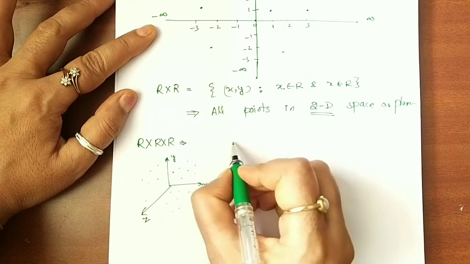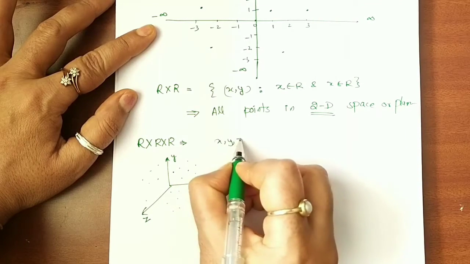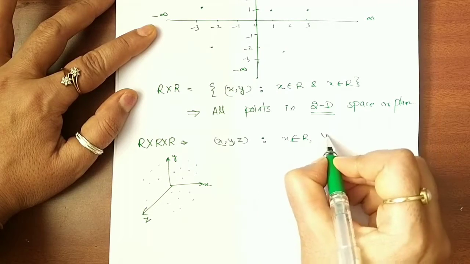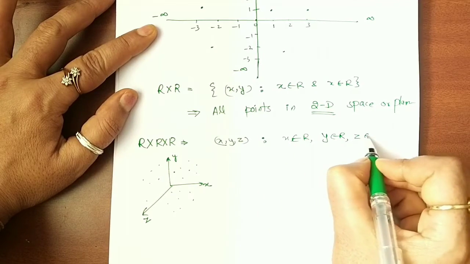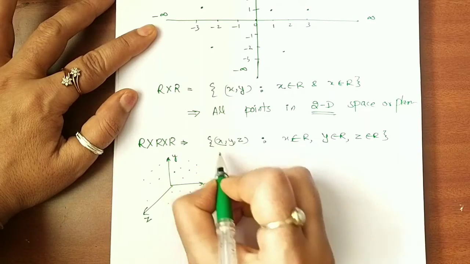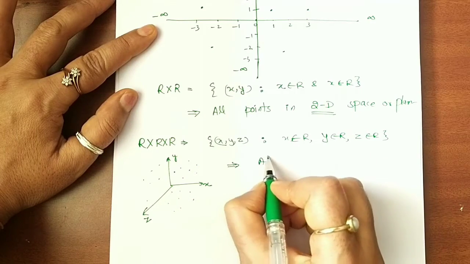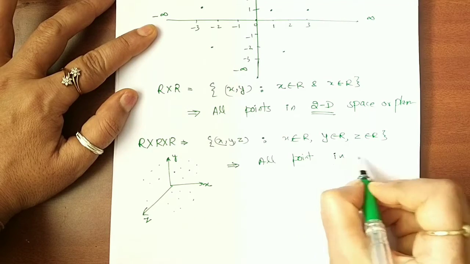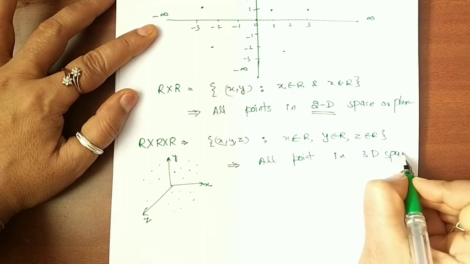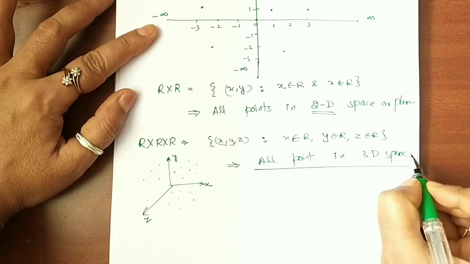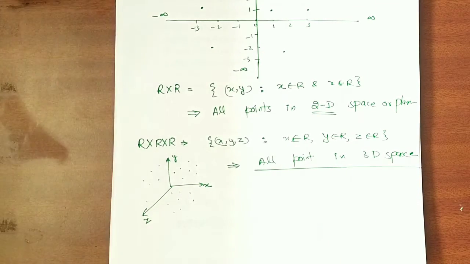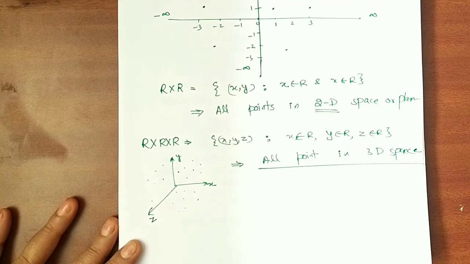Understood? So this is nothing but (x, y, z), where x is taken from R, y is taken from R, z is taken from R. So what does it mean? It is nothing but all points in 3D space. So this is showing all points in 3D space. Okay. Now we will do first question from 2.1.